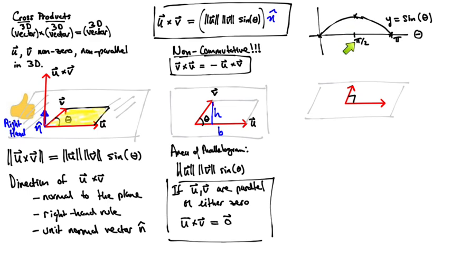If I take the angle between them to be pi over 2, so if my vectors u and v are at right angles to one another, then you're going to get the biggest sine possible. And as long as we keep the lengths of the vectors the same, this quantity would be the biggest it can possibly be. That's because the area of a rectangle is the biggest it can possibly be. If you skew those vectors, open or close that angle without changing those lengths, you're going to change the area and it's going to get smaller.